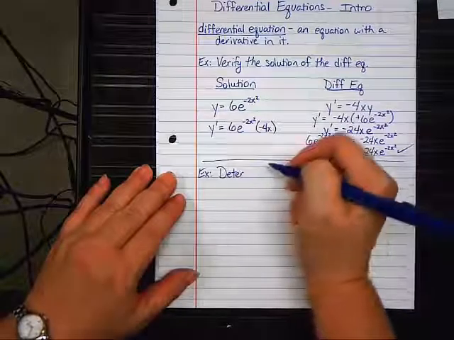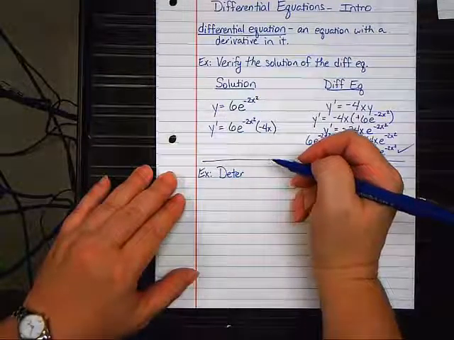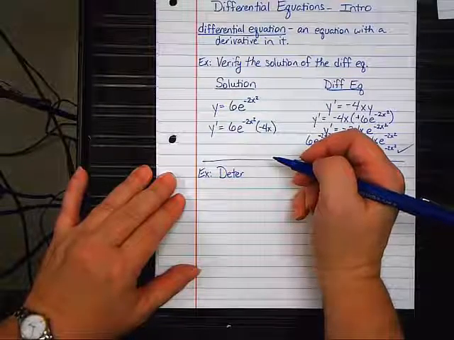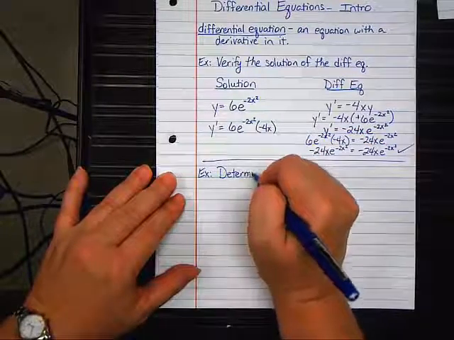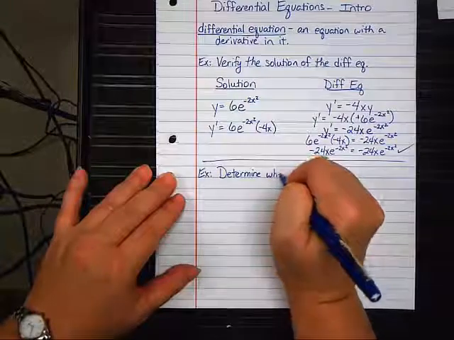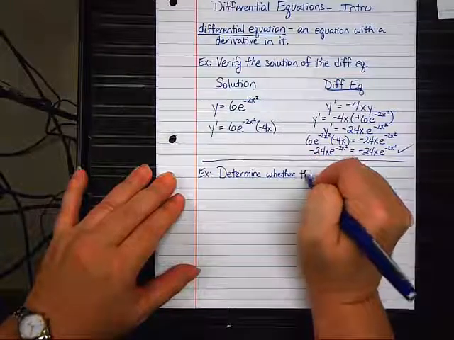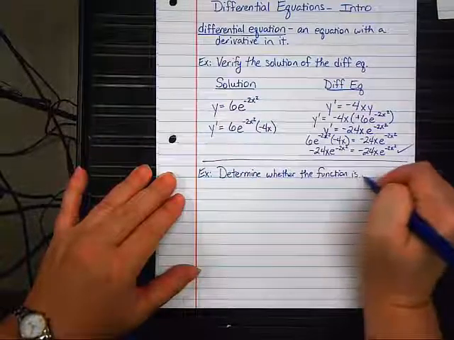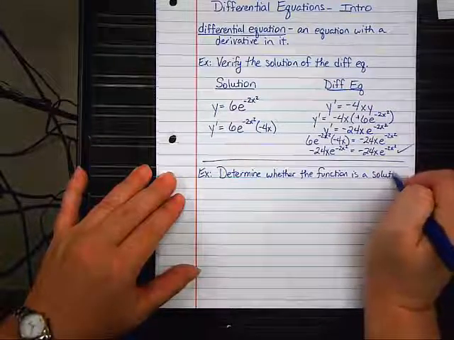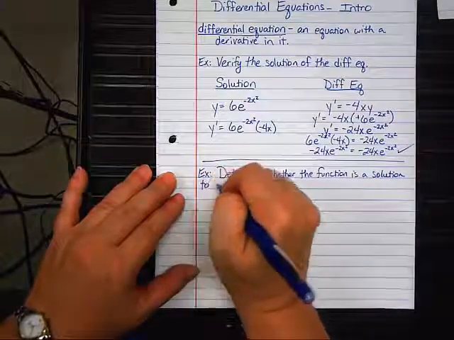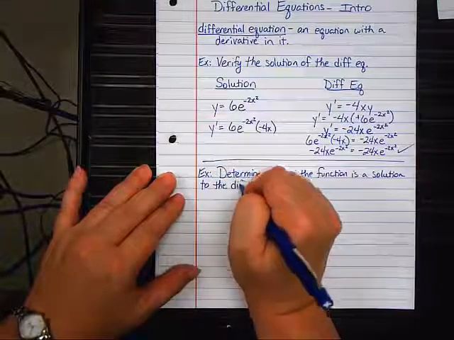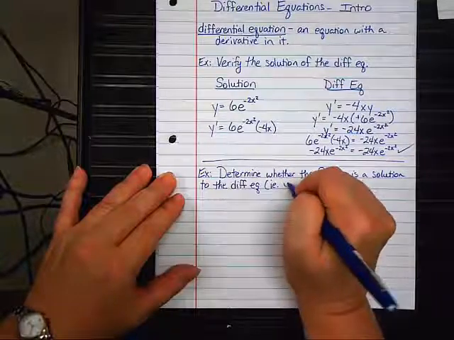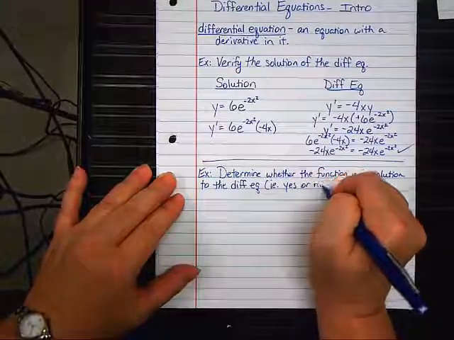It is pretty much the same process, but this time I'm not guaranteeing that the solution is a good one. Determine whether the function is a solution to the diffie-q, in other words, yes or no. You have to give me a yes or no answer at the end.